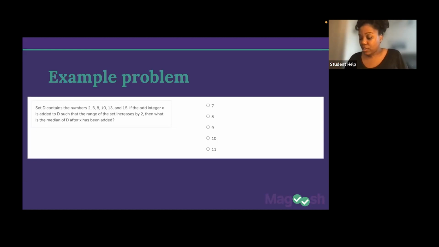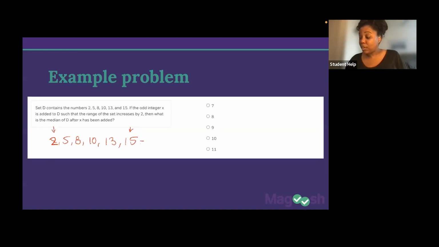All right, so somebody tell me how you find range. Nobody? There you go. The biggest value minus the smallest value.